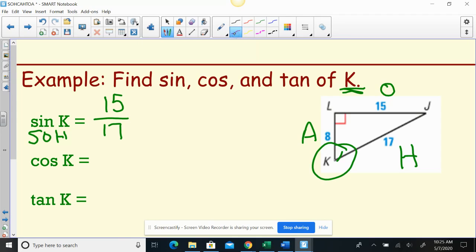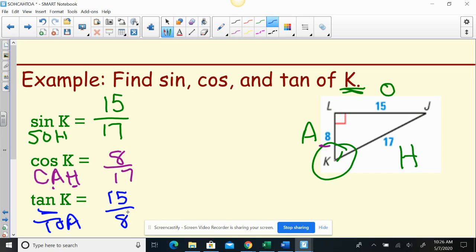Cosine of K, so now I'm doing CAH, cosine is adjacent, which is 8, over hypotenuse, which is 17. So 8 over 17. If it reduced, I would simplify it, but these don't. All right, last one is tangent. So tangent is TOA. Tangent is opposite over adjacent. So I'm going to do 15 over 8.